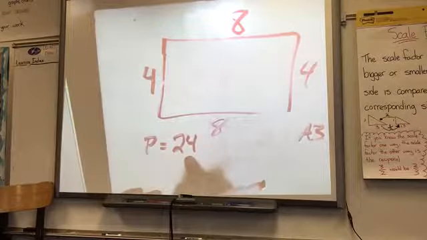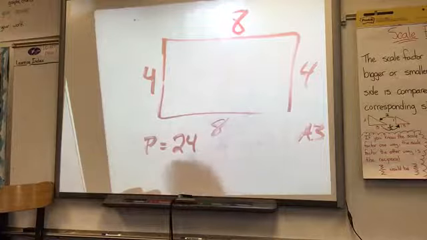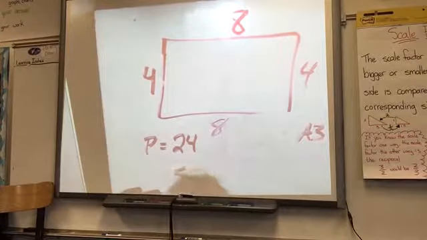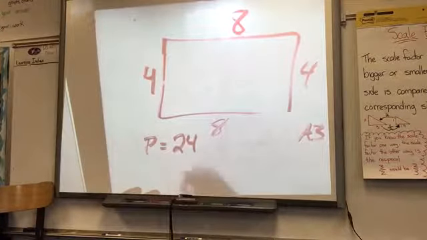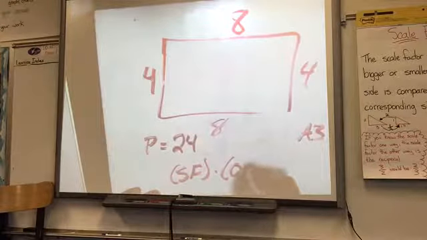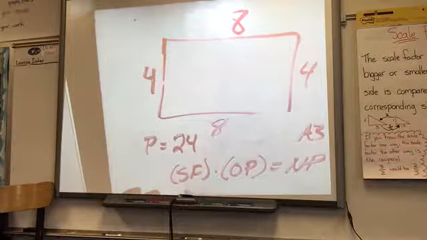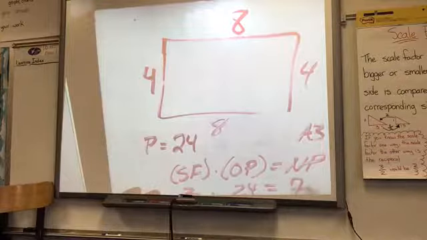Oh, okay. So this perimeter is 24. The new one is 3 times. I know perimeter and scale factor, so scale factor times original perimeter equals new perimeter. So scale factor of 3 times 24 equals 72. So that's how you do that.